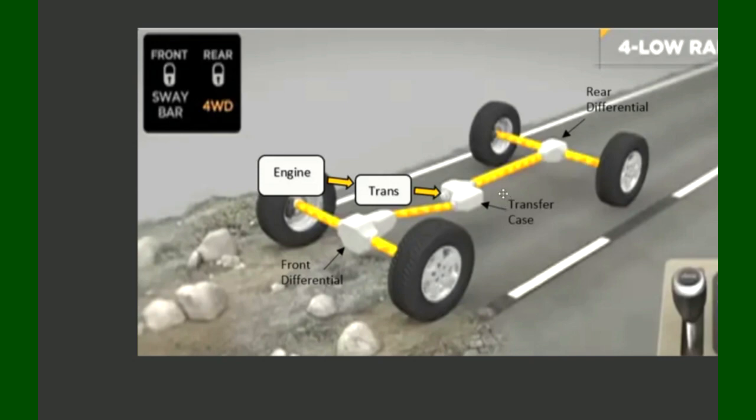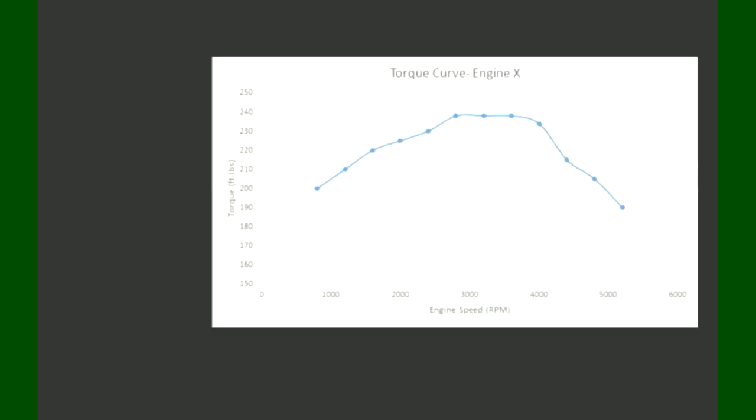Now, when it's the front wheel that's doing all the traction, it still has to go through those numbers, because it has to go through the transmission and then go to the wheels. So it's a lot to think about here. You have the 4-low range as well.